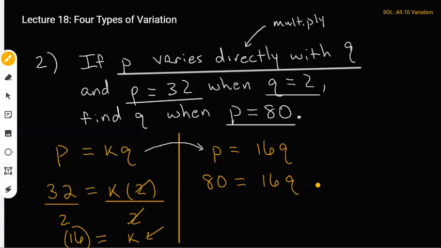Since I'm multiplying it by 16, I need to do the opposite. I'm going to divide both sides by 16. The 16s are going to cancel out, leaving me with Q equals 80 divided by 16. That's going to be 5.